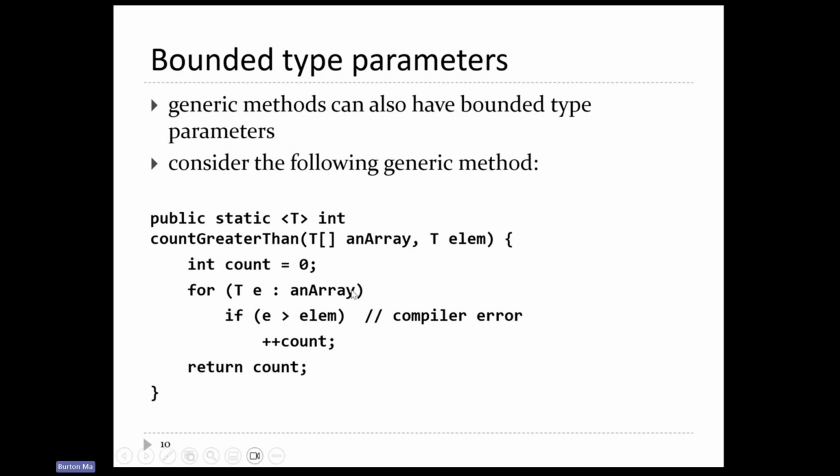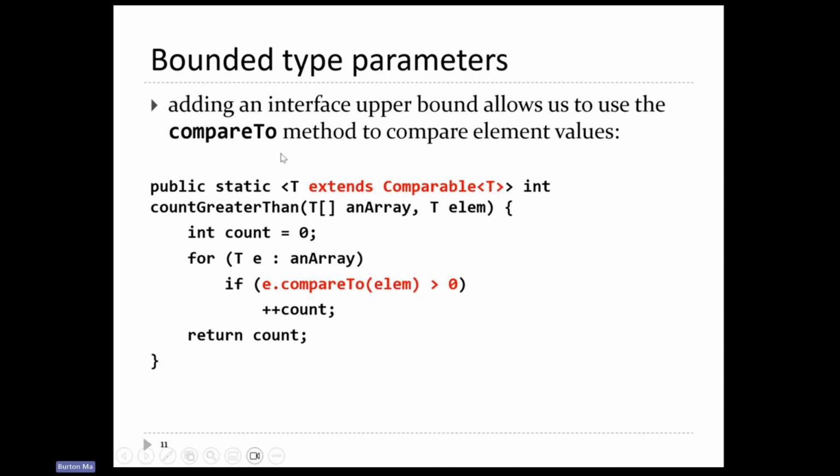If you want to use compareTo, you have to impose the constraint that T implements Comparable. How do you do that? Impose the upper bound on T: T extends Comparable<T>. Change the greater than to use compareTo instead. So if e.compareTo(elem) is greater than 0, if e is greater than elem, add 1 to the count. And this is what TreeSet and TreeMap do internally.